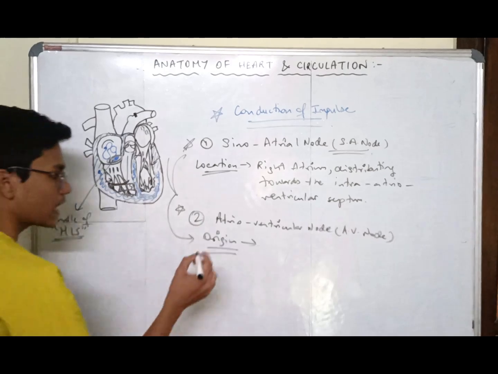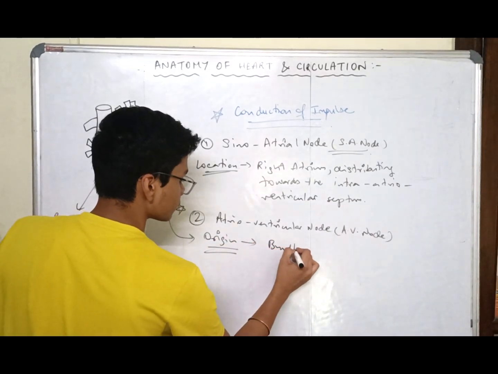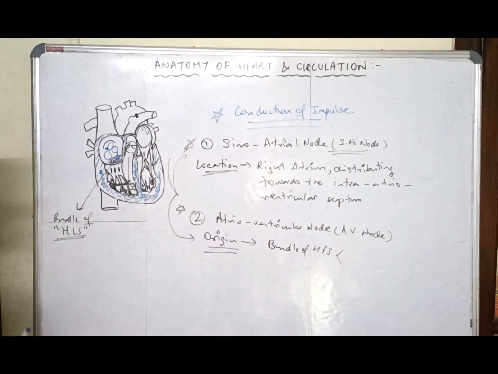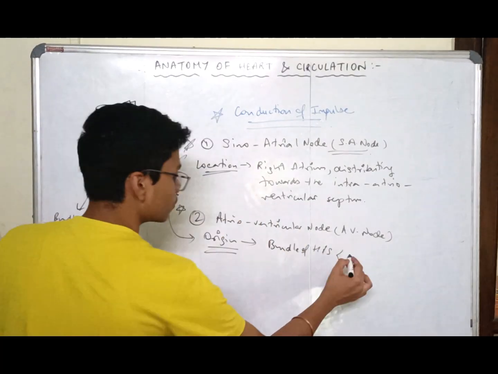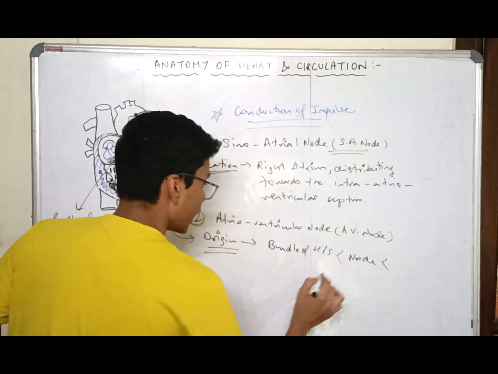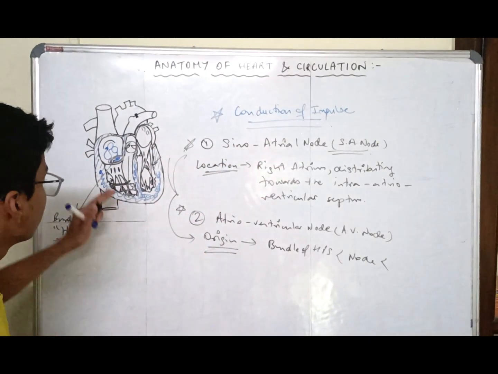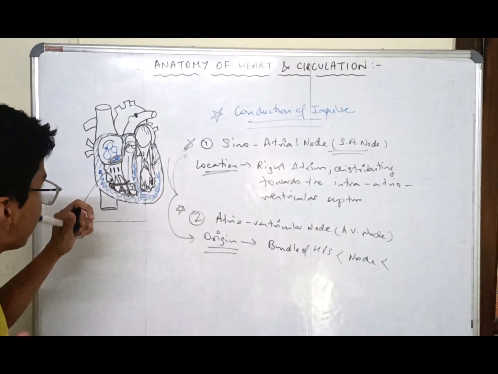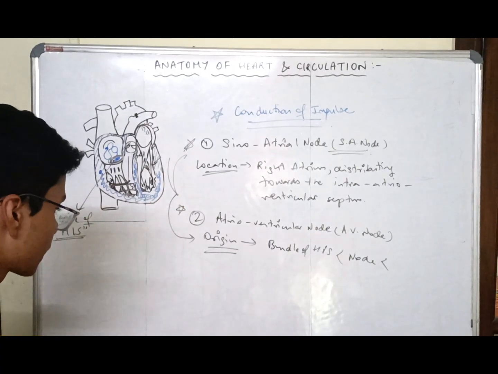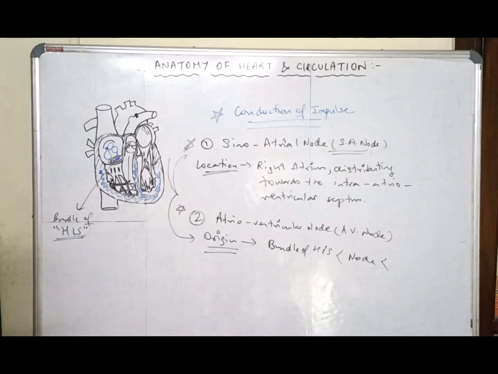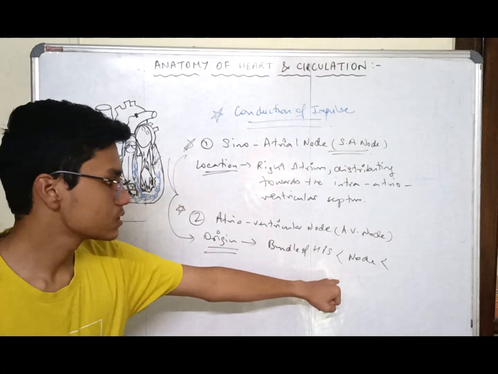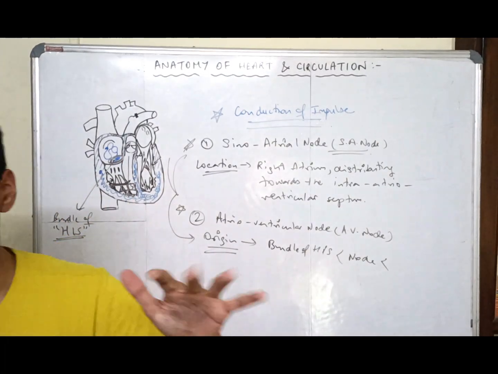So the origin is the bundle of His, and from there it branches toward the node, and from there it is distributed around the entire heart through a network. Can you recall it? Let's see if you have studied this topic before. Can you recall the distribution from where the bundle of His and the nodes will take place? Take your time.